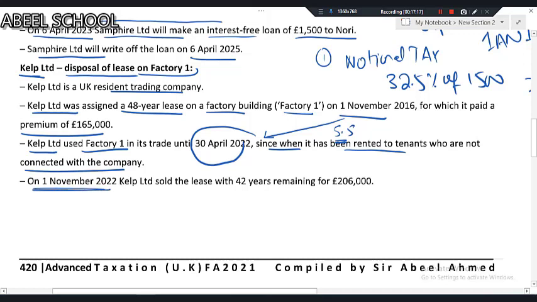If you count the time period from 1st November 2016 till 1st November 2022, you will get exactly 6 years. Out of 6 years, only 5.5 years this building was used as business asset. And the last 6 months, this building was used as an investment property, and we don't get rollover relief on investment property. So rollover relief will be available, but according to 5.5 years out of 6.